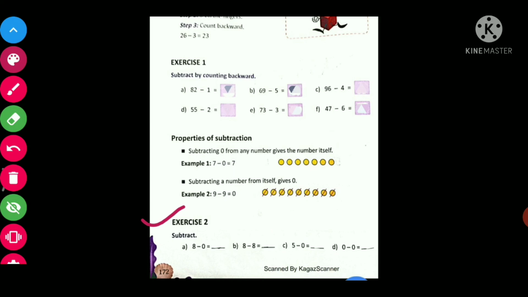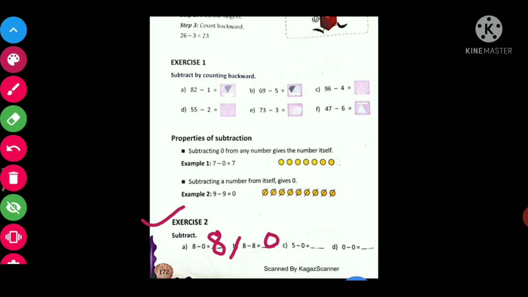So we'll get 8 only, because I have just discussed this. Okay, now see B part. 8 minus 8. If we subtract 8 from 8, then what answer we will get? See, both are same numbers, right? So we'll get 0.